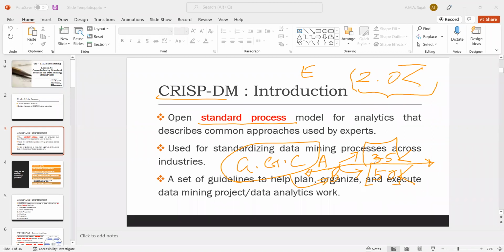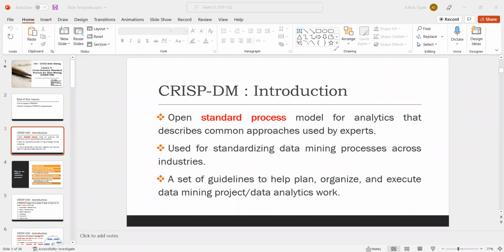Whenever we apply those standard processes, we can easily get some satisfaction in our work. We can verify the quality of the work. Am I correct? Whenever we apply the standard process, we are standardizing the data mining process.